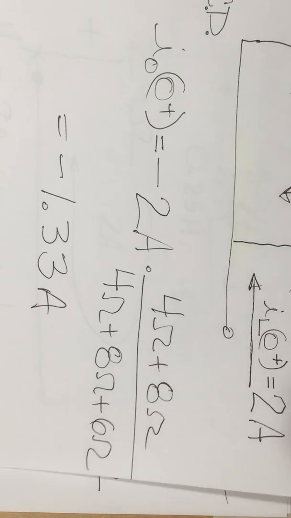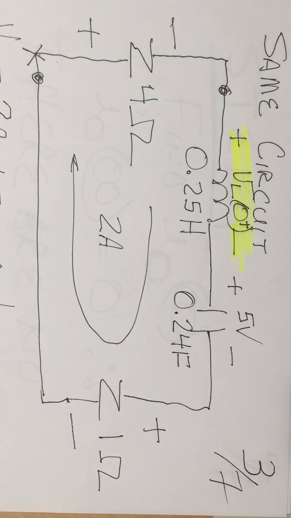So now I've got IO0 plus. I still need to go in and find what's going on with VL0 plus, the voltage across the inductor, the combination of the two. And remember, I've got 2 amps flowing in this thing, and notice that I put my 4 ohm resistor here. So Ohm's law states that I have to find the voltage in the direction of the current.